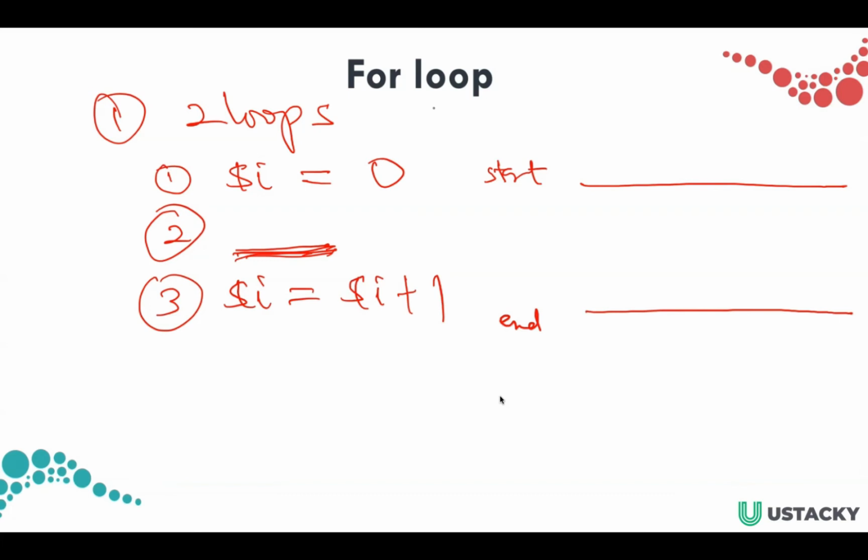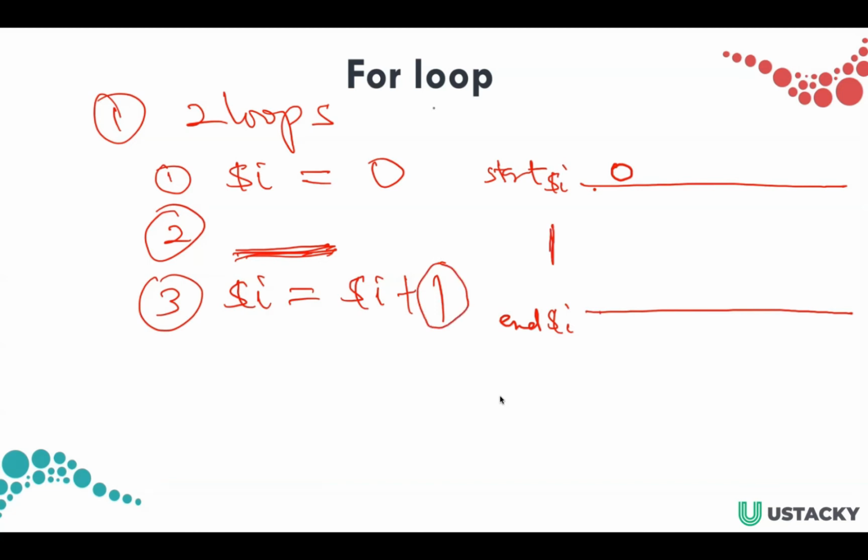So we have the value of $I here and $I here. So the value of $I when the loop is starting and the value of $I when you are ending each loop. $I for the starting point is 0. And between this and this is our increment. In our case, our increment is 1. So you put 1 here.